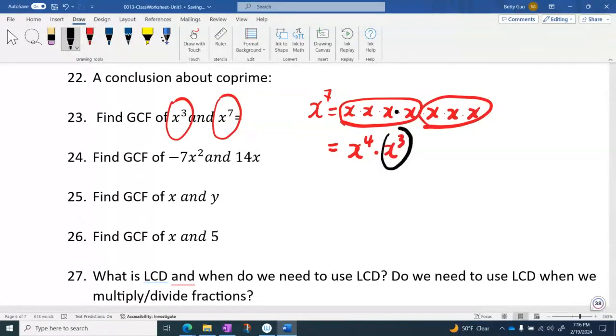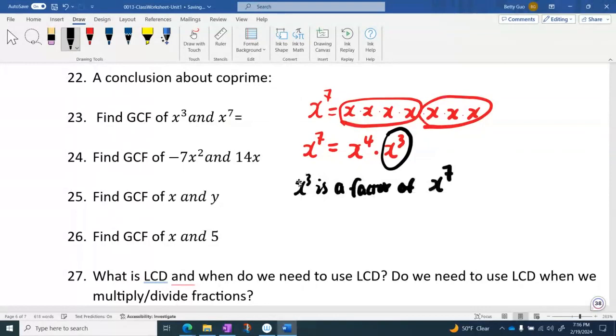So x cubed is a factor of x^7, because x^7 is factored as x^4 times x^3. So x cubed is a factor of x^7, and x^7 is a multiple of x cubed.